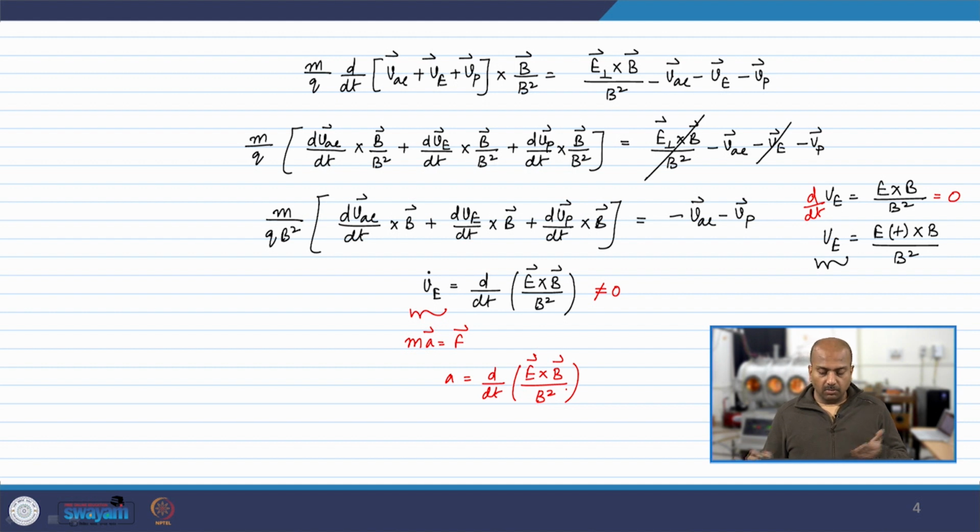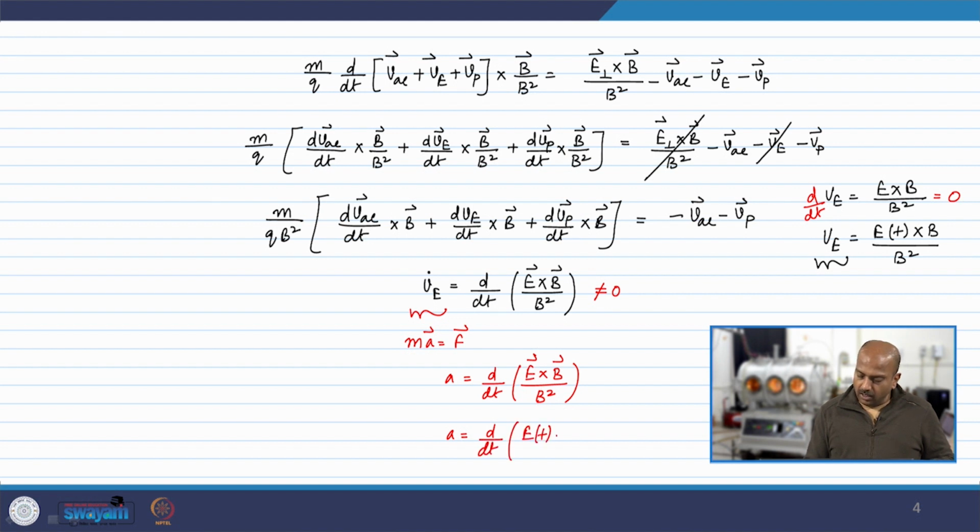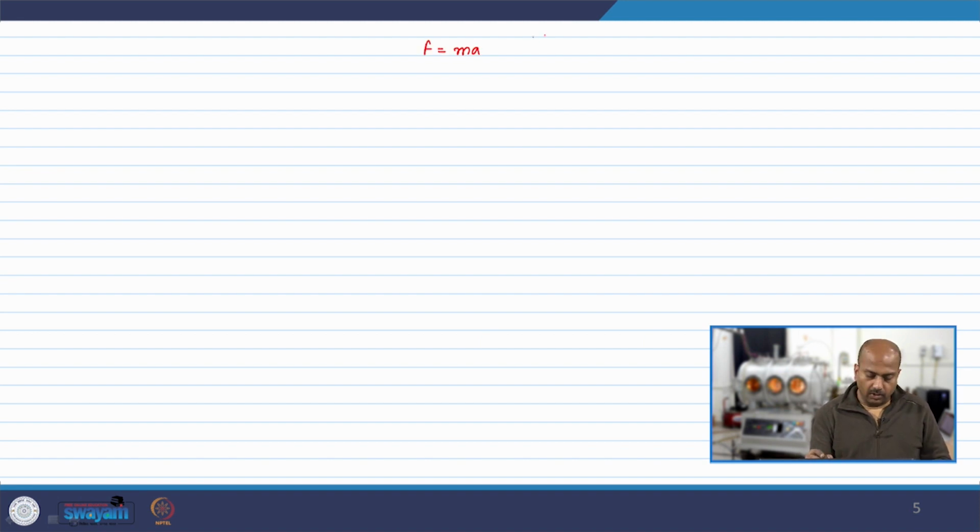It is more appropriate to write the acceleration as d/dt of E(t) cross B by B square. Then we use the formula F equals ma. So, the force has to be m times d/dt of E cross B by B square.